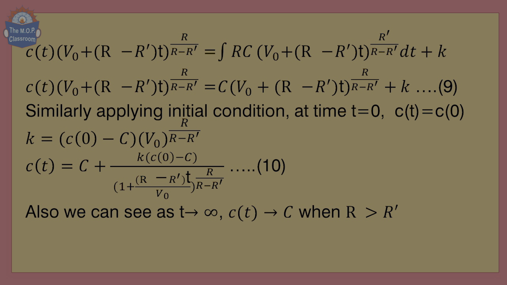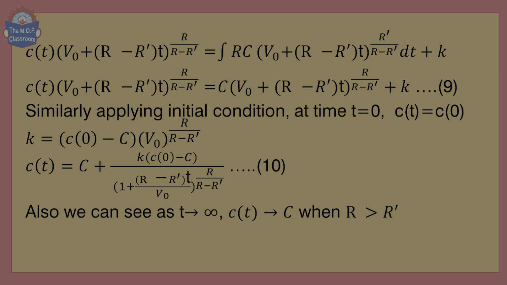Now, substituting this k in our solution and arranging the terms, we obtain the final expression for C of t. So, C of t is equal to C plus C of 0 minus C divided by 1 plus R minus R dash divided by V naught t, the whole power R by R minus R dash.